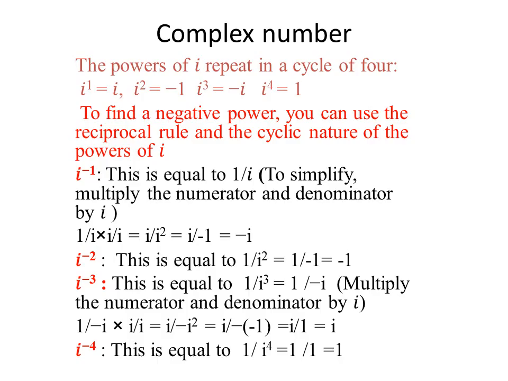Multiplying the numerator and denominator by i, we get 1 by -i into i by i, that is equal to i by -i², that is equal to i by -(-1), that is equal to i by 1, that is equal to i. i to the power of -4 is equal to 1 by i^4, that is equal to 1 by 1, that is equal to 1.